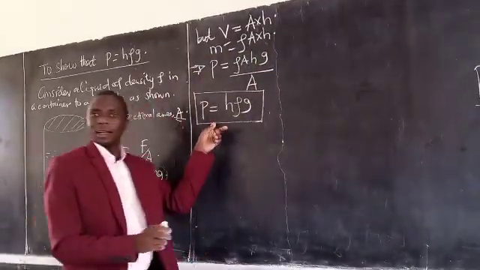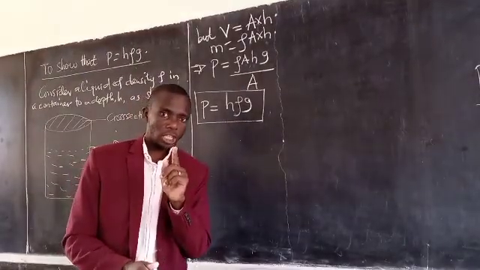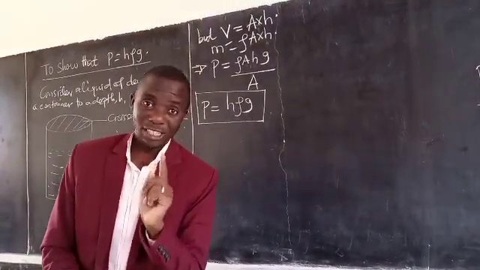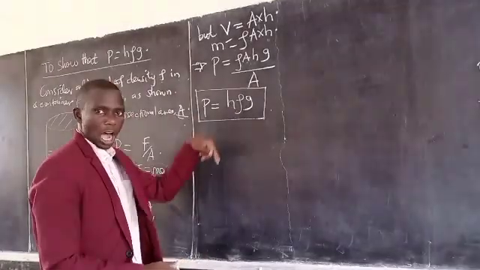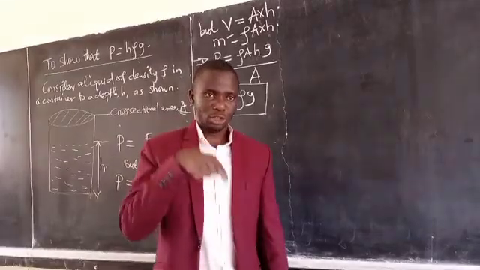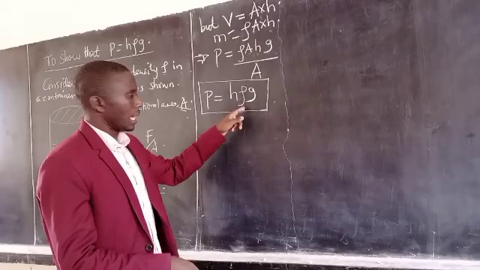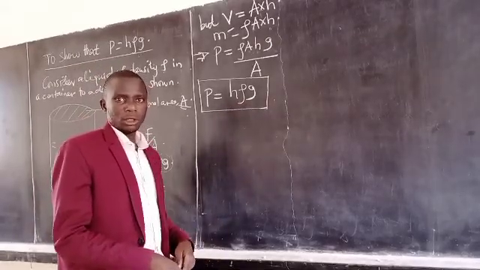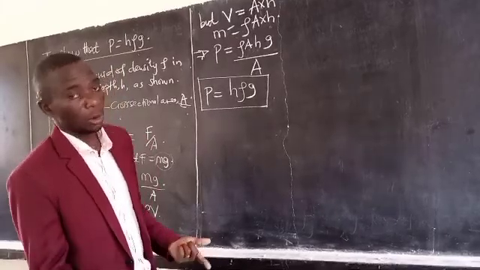And from here, you can be asked to state the factors on which pressure in liquids depends. You can see the depth, how deep something is. The depth going downwards, pressure depends on that. The density, the more dense the liquids, the more pressure.